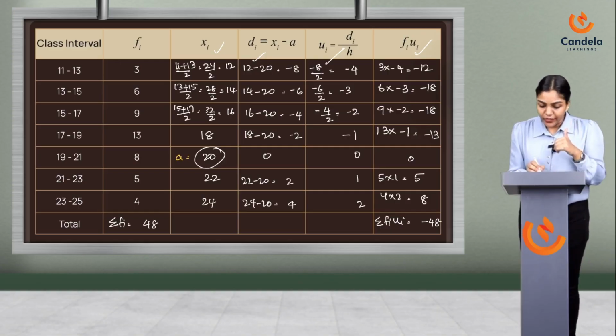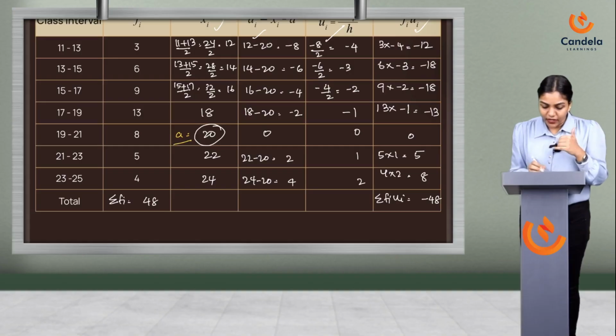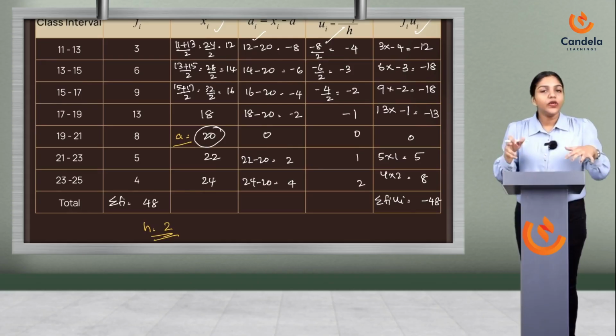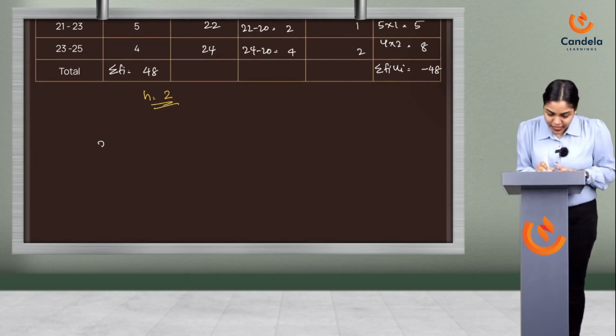Correct? We know the value of A, and we know h, that is class size, will be equal to 2 here. Now we can substitute these values in the formula, and that will be equal to x bar is equal to A plus h into sigma fi ui divided by sigma fi.